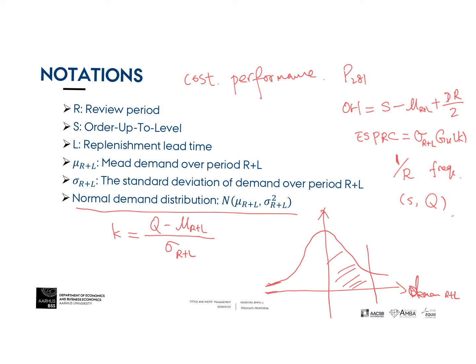If you translate the meaning of the safety factor, then you know the order quantity always equals the average demand plus k times sigma R plus L. Then in this problem, where the order quantity is the order-up-to level, that's S.